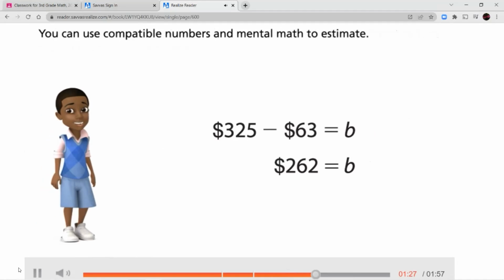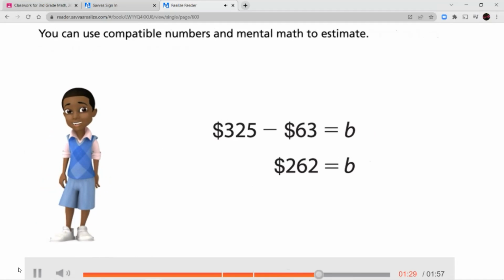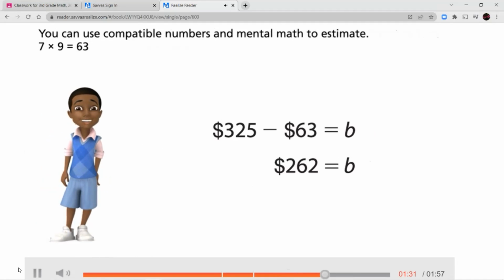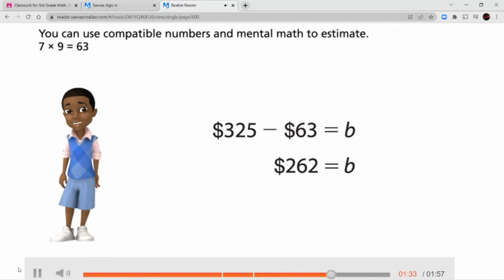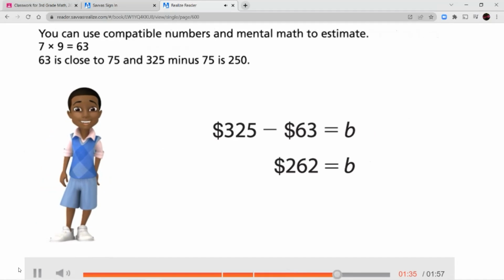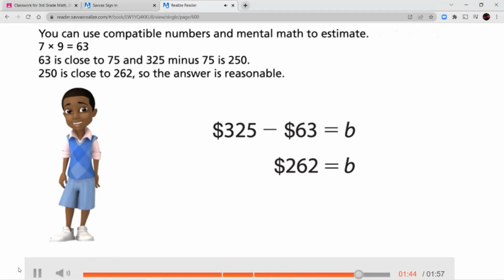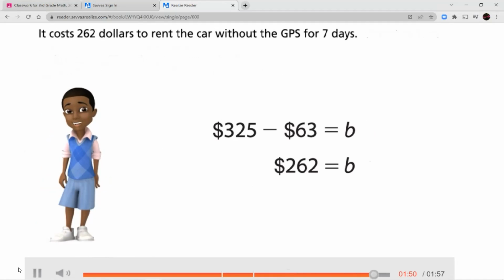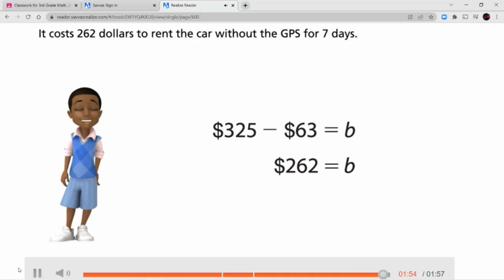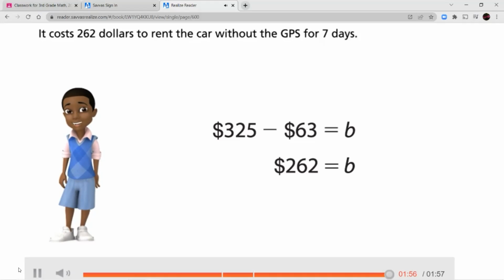You can use compatible numbers and mental math to estimate. 7 times 9 equals 63. 63 is close to 75, and 325 minus 75 is 250. 250 is close to 262, so the answer is reasonable. It costs $262 to rent the car without the GPS for 7 days.